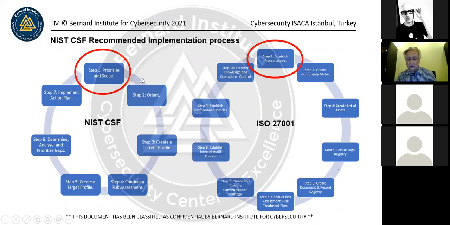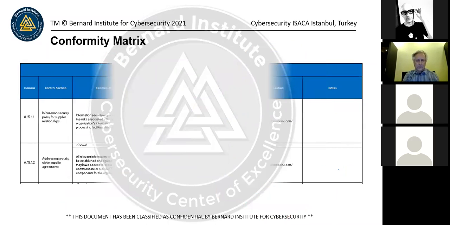Because there are really only 2 common areas here. They talk about setting a scope, and they talk about doing risk assessments, and everything else is completely different. And this CSF is really about incident management, where ISO 27001 is about information protection, information security. So it's more of an enterprise caliber framework.